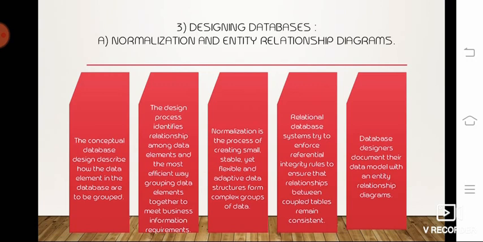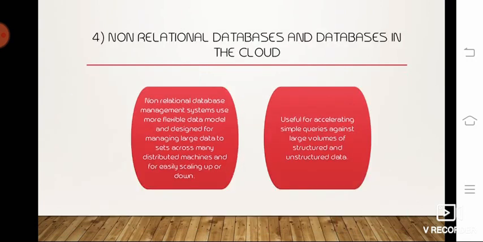Third, normalization is the process of creating small, stable, yet flexible and adaptive data structures from complex groups of data. Fourth, relational database systems try to enforce referential integrity rules to ensure that relationships between coupled tables remain consistent. Database designers document their data model with an entity-relationship diagram.